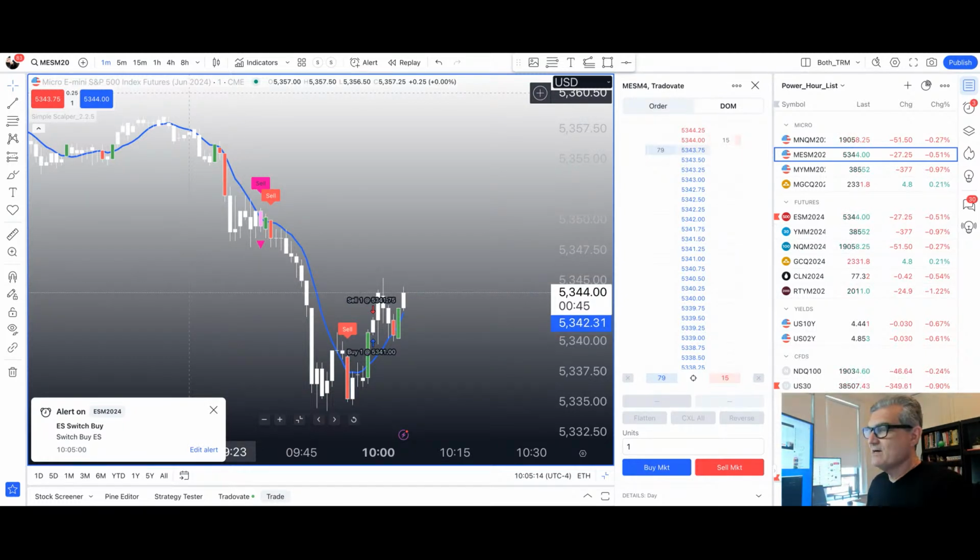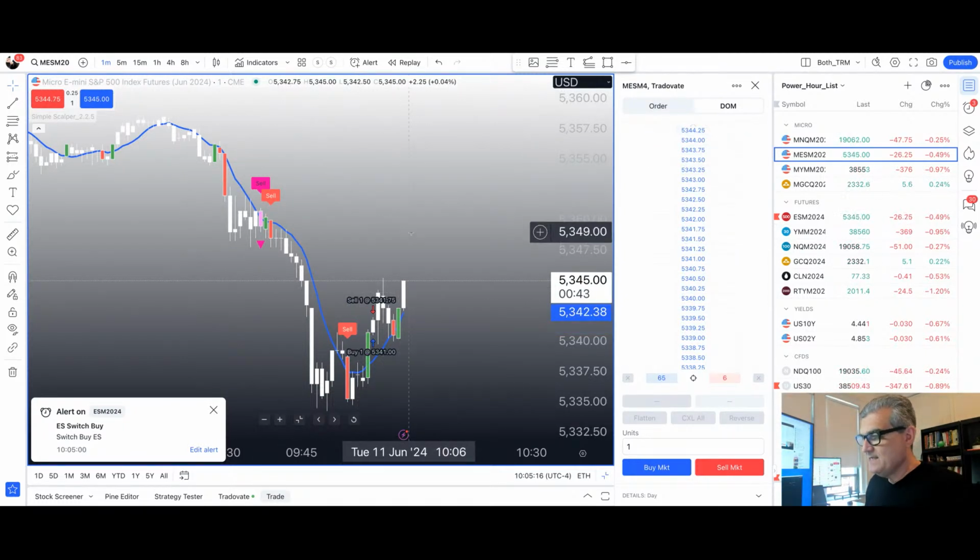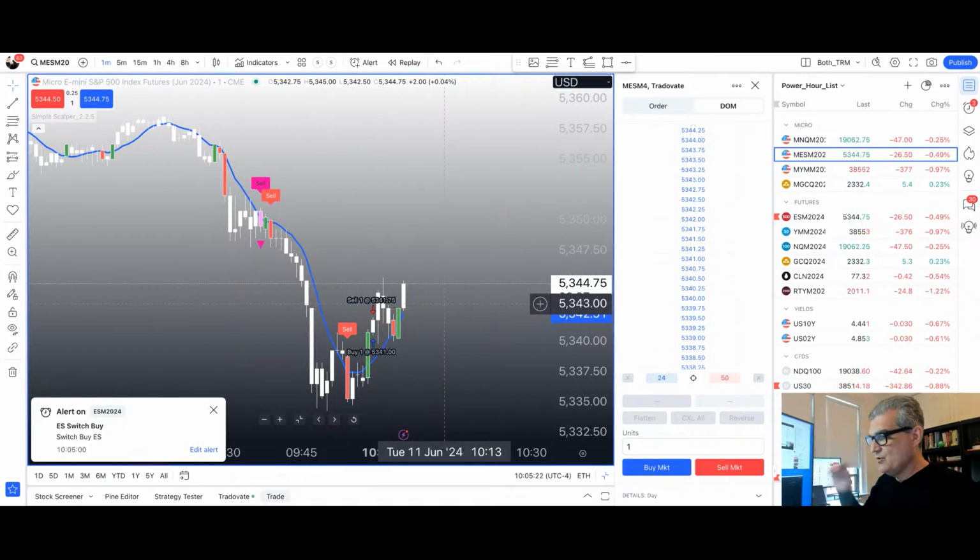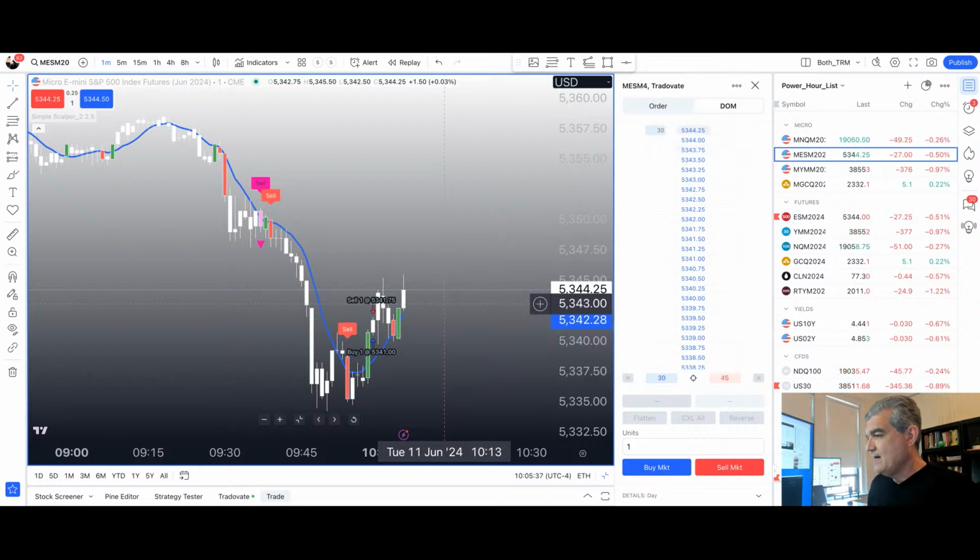What is TraderVate? TraderVate is a broker that is part of Apex. If you are interested in trading prop, in getting funded with other people's money to be able to trade live in the markets, our partner is Apex Trading, great company, and the broker through which they trade is called Tradovate.